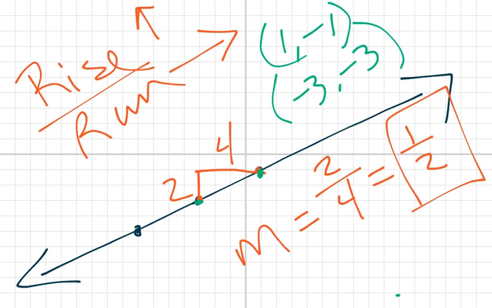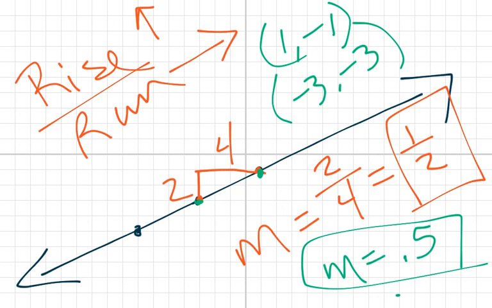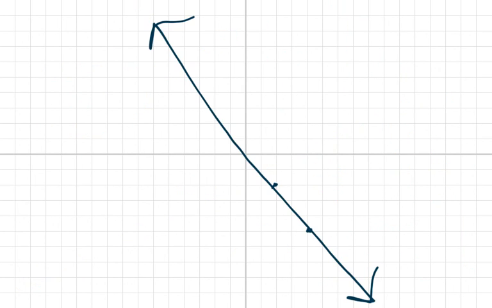So you're going to go to Stat, Edit, and your X values go in L1, so 1 and -3. Your Y values go in L2, so -1 and -3. Stat, over to Calc. Choose 4 for linear regression, go down to Calculate and press Enter, and it tells you sure enough that your slope is equal to 0.5, which is the same thing as 1/2. I don't care which way you do this.